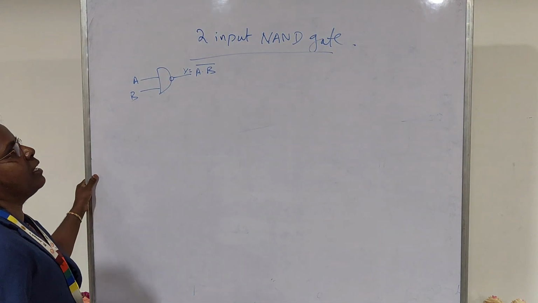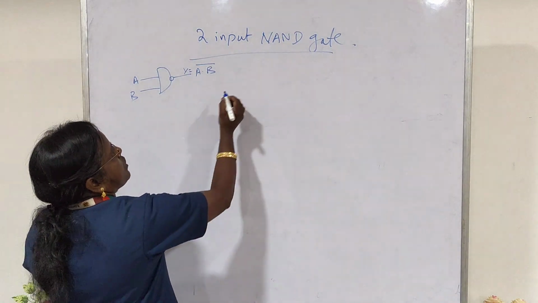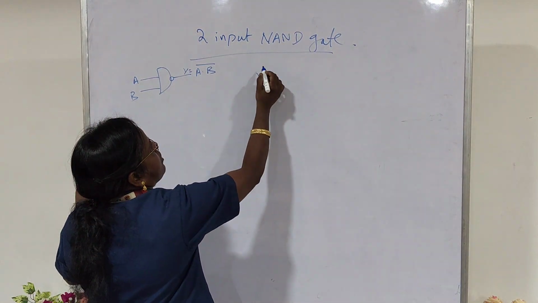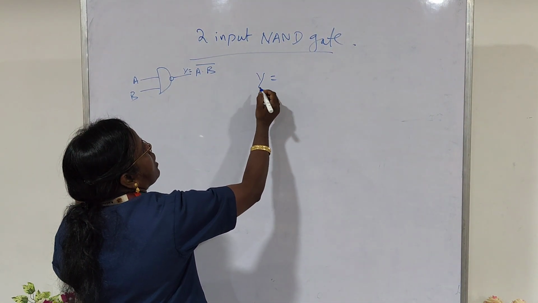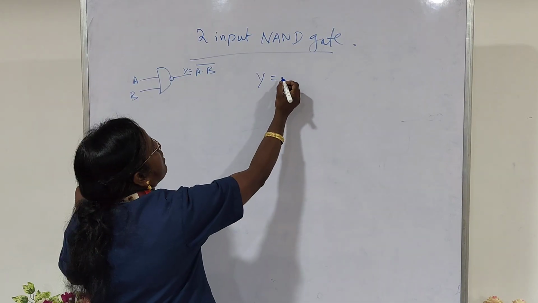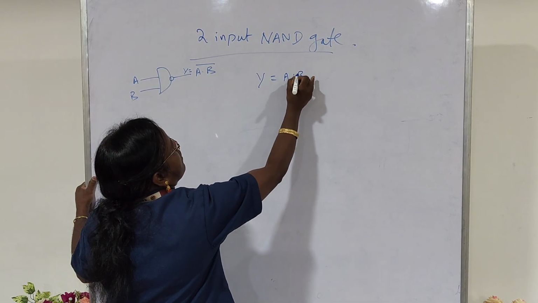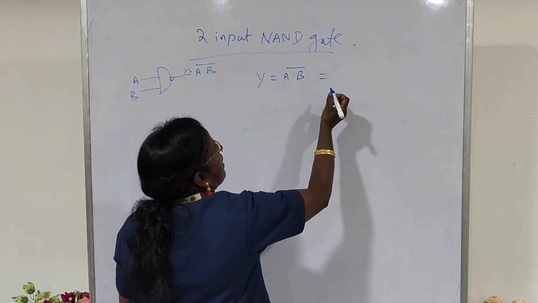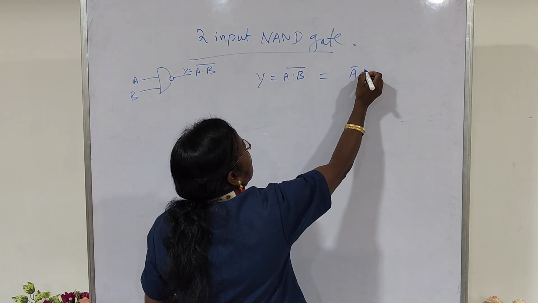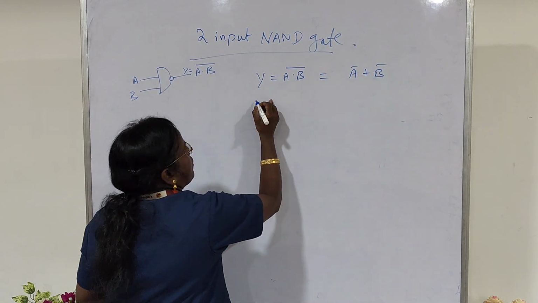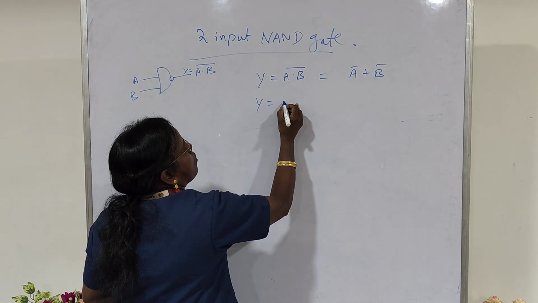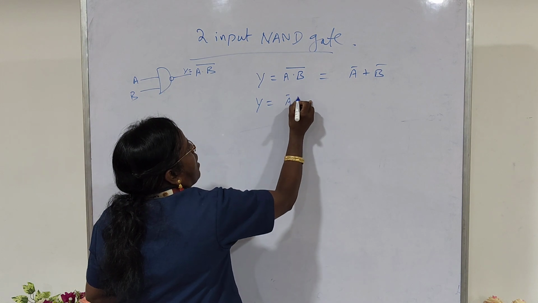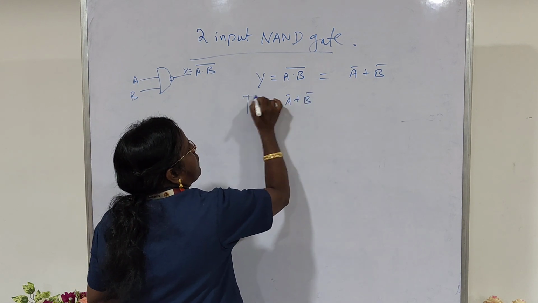How it is going to be implemented, right? So first of all, take Y. It's a normal form in the targeted variable, which will be A dot B the whole bar. Apply the De Morgan's law, it will become A bar plus B bar. So we can say Y is equal to A bar plus B bar.